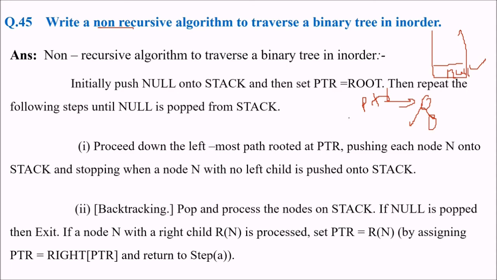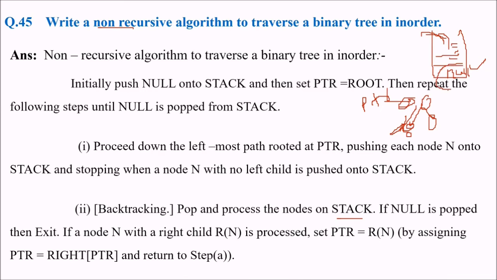So we proceed down to the leftmost node rooted at PTR, pushing each node n onto the stack, and stopping when the node n with no left child is pushed onto the stack. So all the left ones will be pushed, and if there is none left to push, we stop. Then we start popping and processing the nodes on the stack.